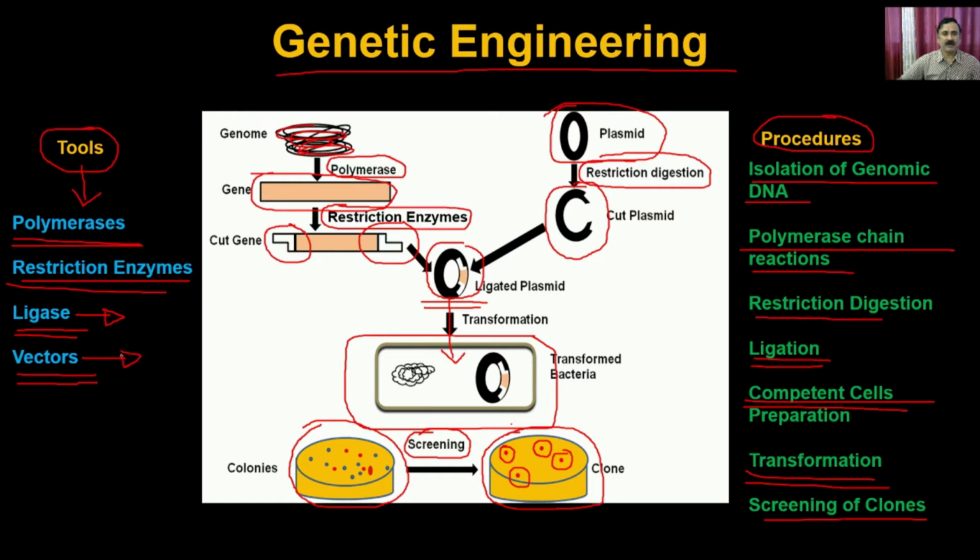The vectors can be either cloning vectors or expression vectors, and we discussed what molecular components are required to prepare a suitable vector. For example, you can have the origin of replication and selection markers, and if you are talking about expression vectors, you also require the promoter, so that you will be able to facilitate protein production.